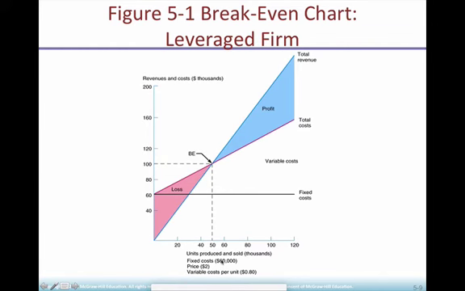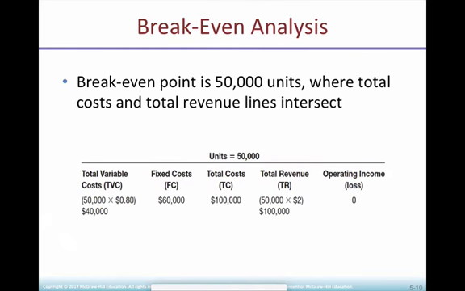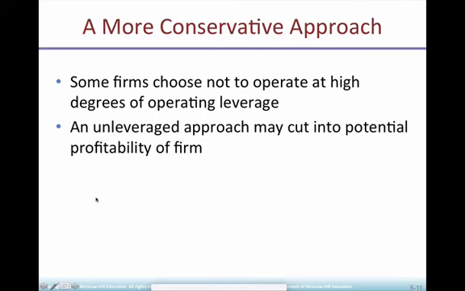Now the second case is the case of a conservative business. Here they just gave more calculations, more information, but we already calculated our variable cost per unit and the price from total revenue and total variable cost. A more conservative business chooses not to operate at high degrees of operating leverage, which in simple words means that they are more conservative.